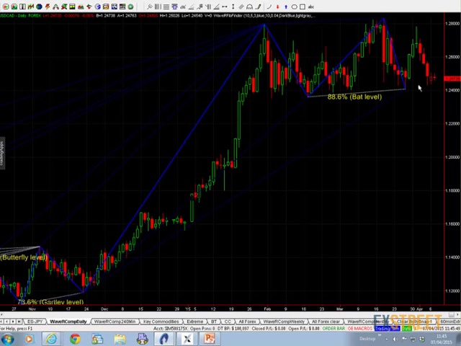Now, what I said previously was that where you've got a key harmonic level, if it breaks, then in this case, this was a bullish signal to go higher. But if that level breaks, it will be exceedingly bearish.